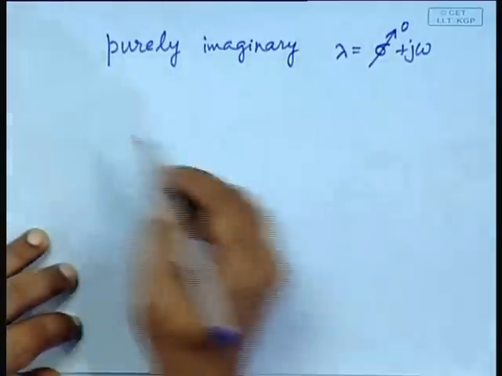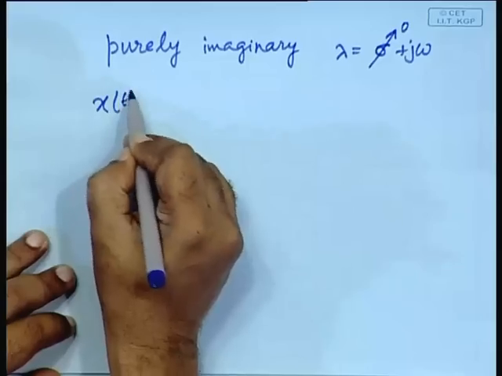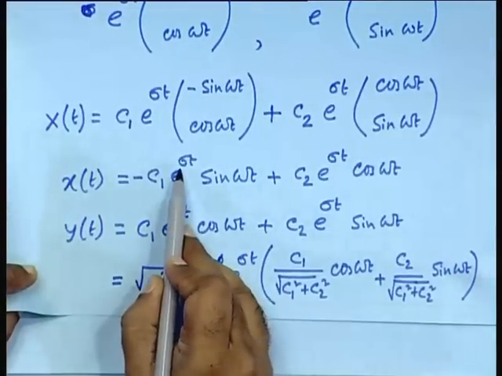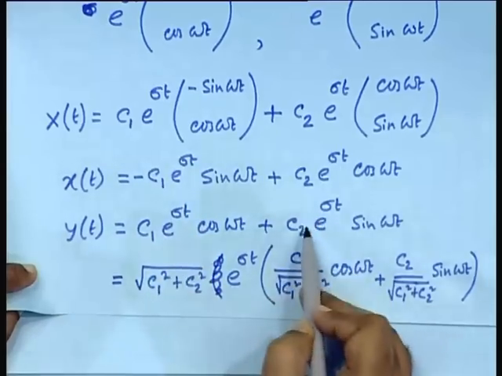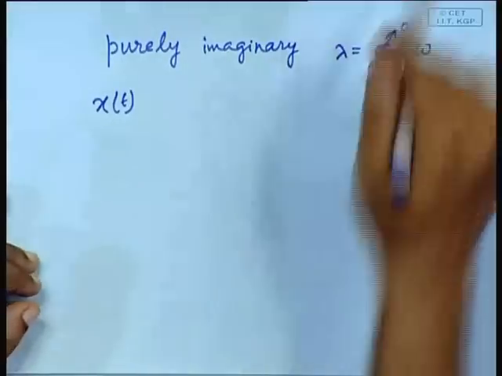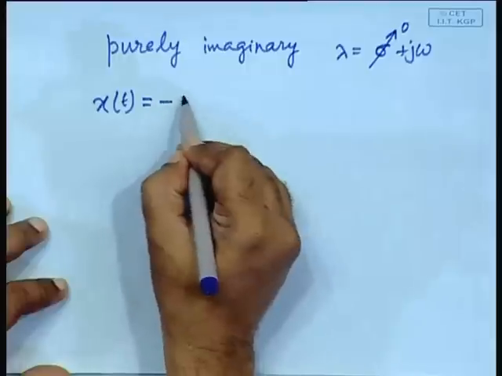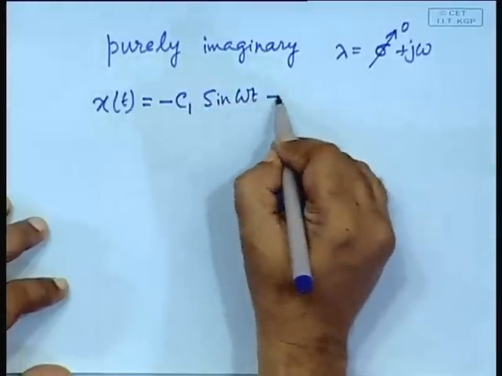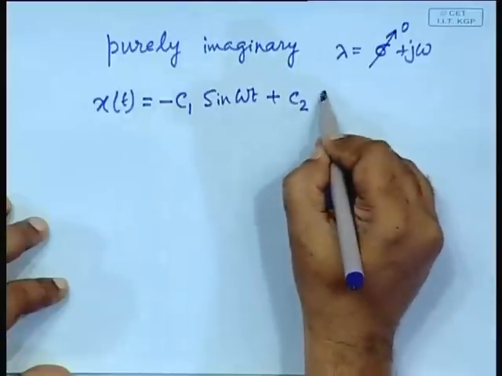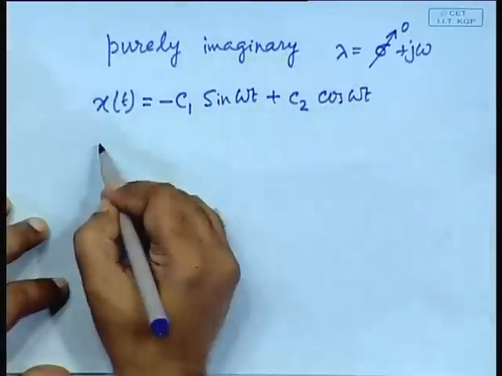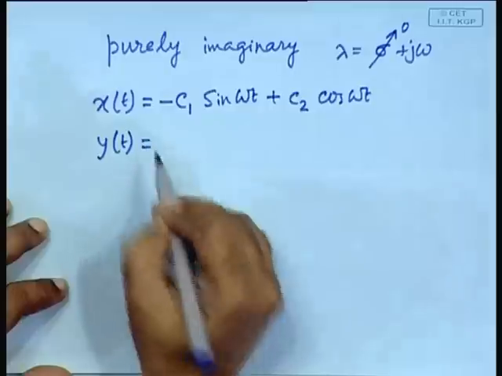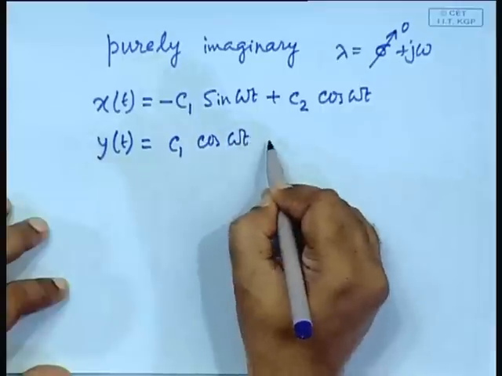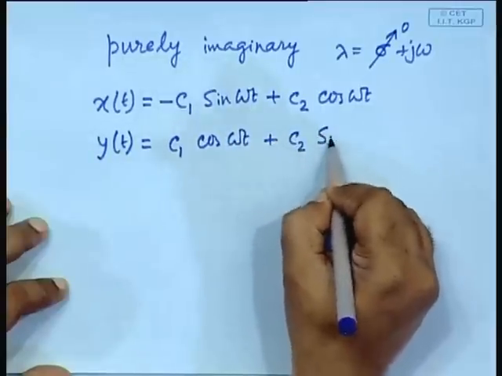Then your solution originally was x t is equal to this, sigma is 0, therefore, these terms will vanish. What remains will be, I just copy it from there, x t is minus C 1 sin omega t plus C 2 cos omega t, and y t is equal to C 1 cos omega t plus C 2 sin omega t.